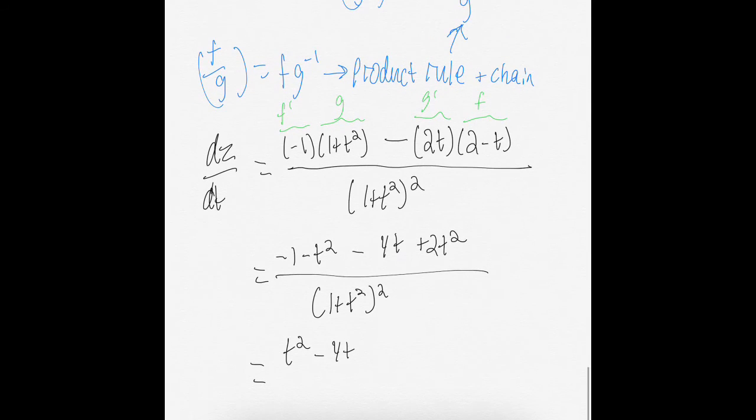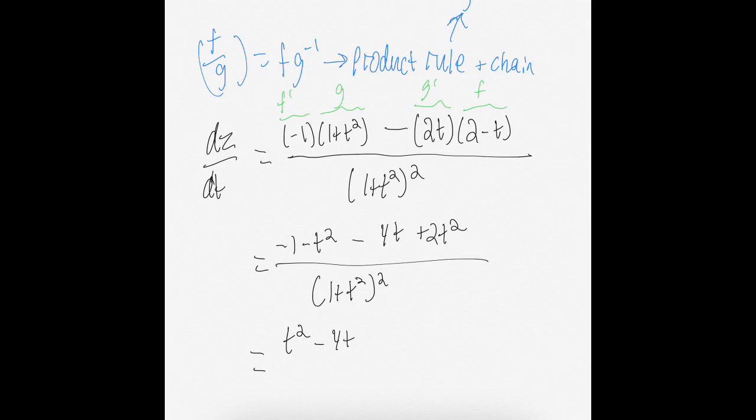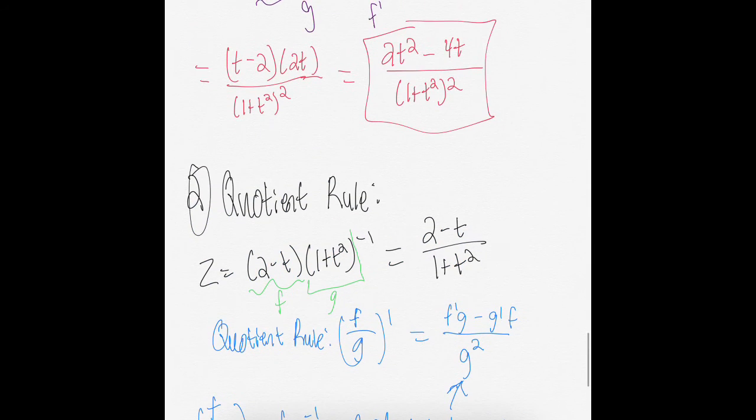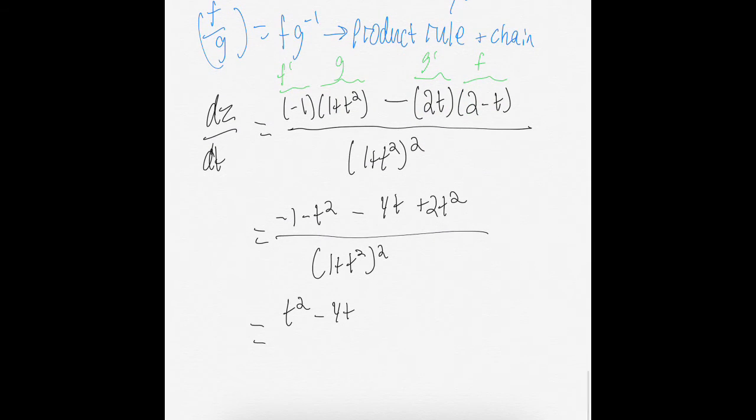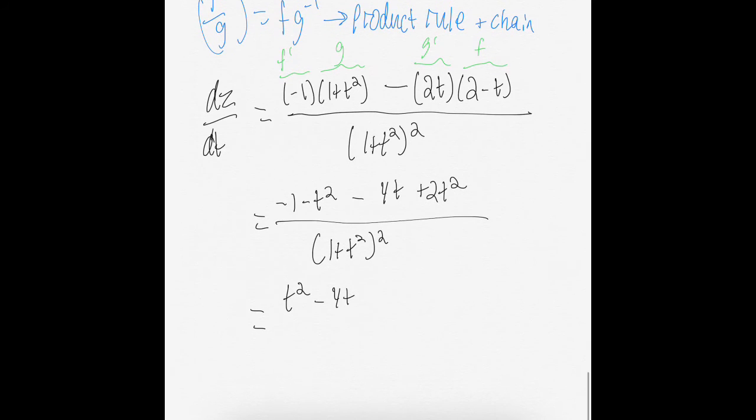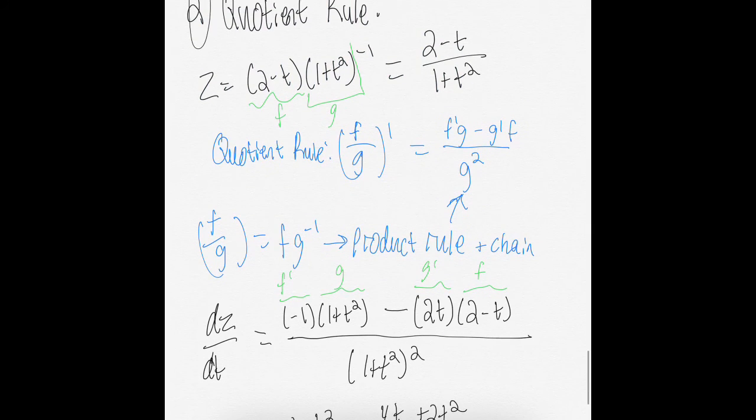Did I do something silly here? Oh, let me see. Minus 1 minus t squared. 2t squared minus 4t. Let me see. Minus 1 minus t squared minus 4t plus 2t squared.